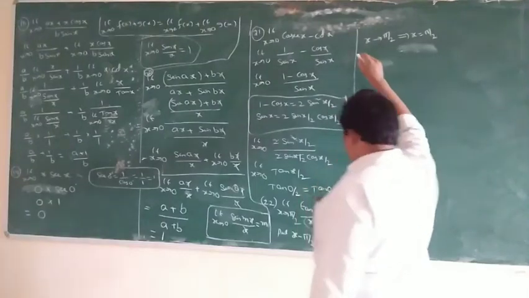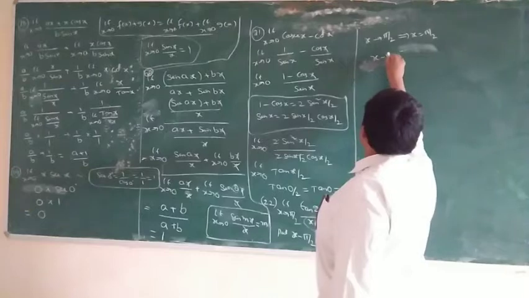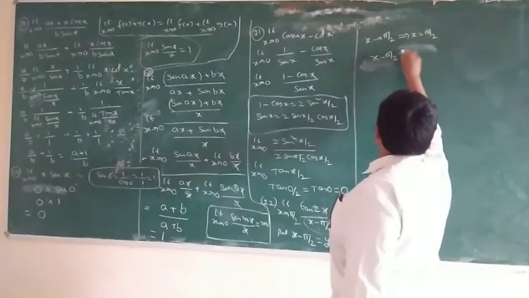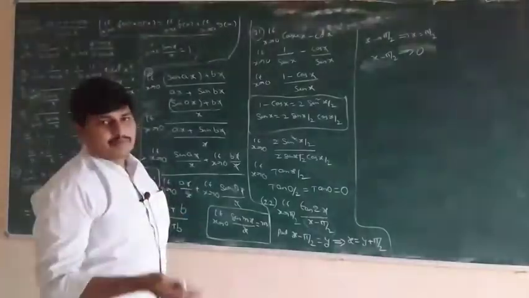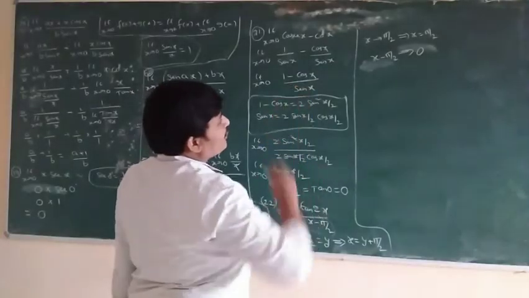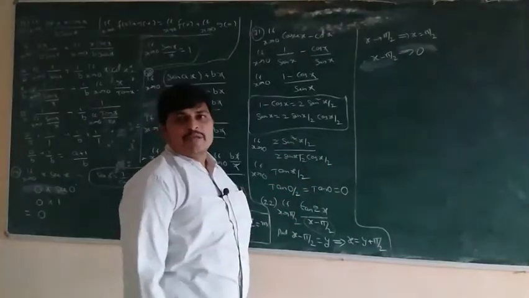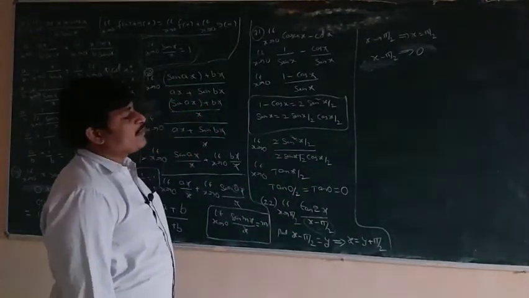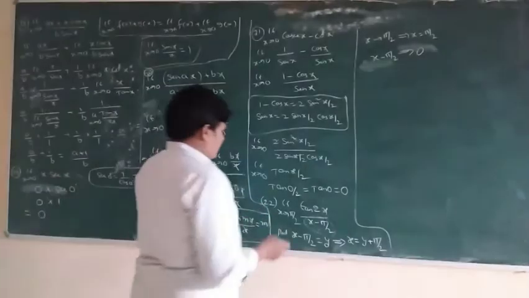So x minus pi by 2 tends to 0. X tends to pi by 2 means x minus pi by 2 is equal to 0, which means it tends to 0.